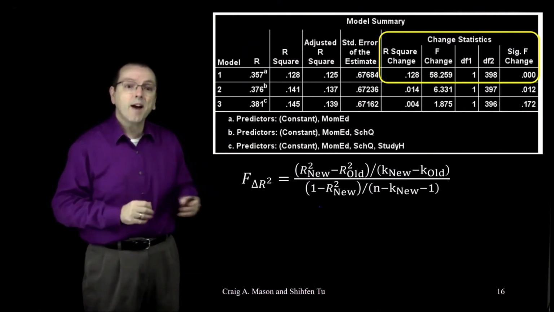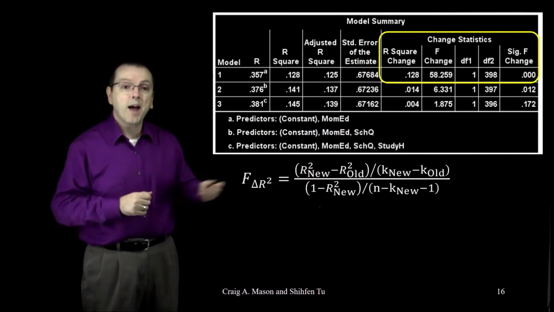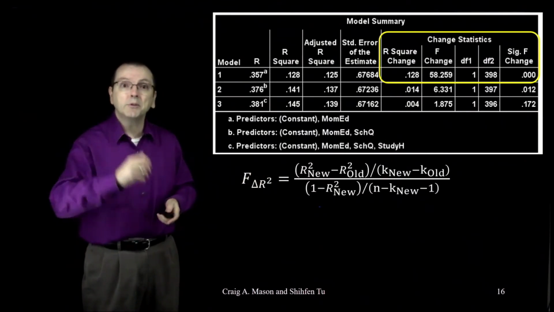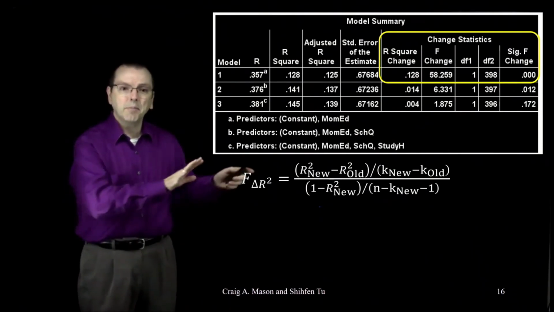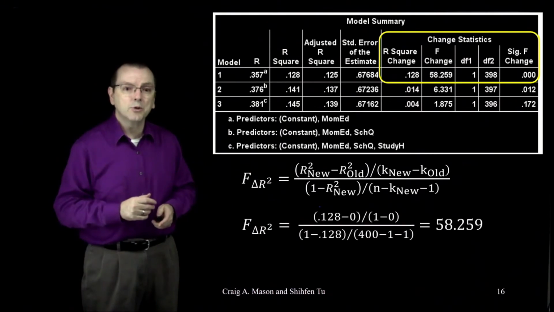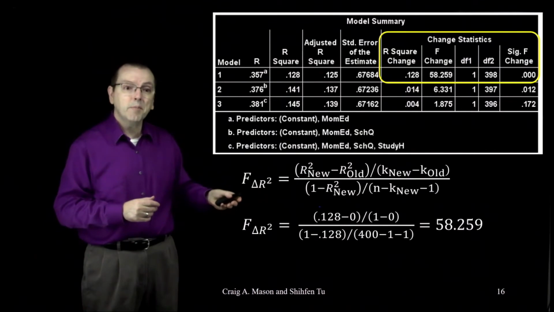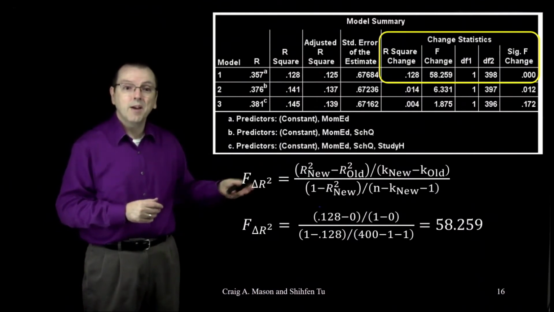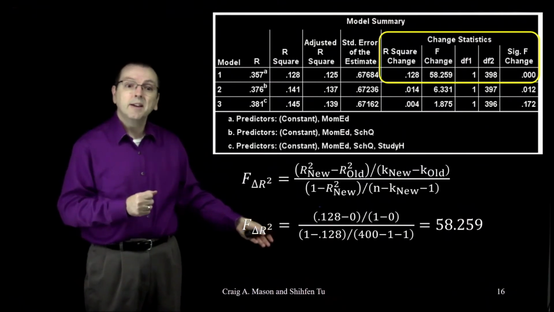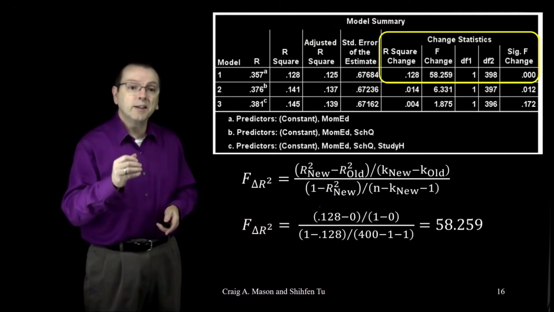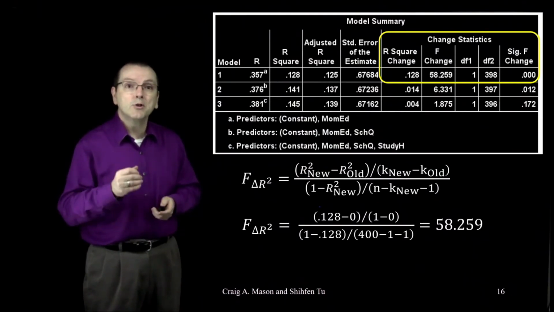All of that divided by 1 minus the R squared for our current model, divided by n minus the number of variables in our current model minus 1. If we plug in the numbers, this works out to 0.128 minus 0 divided by 1 minus 0, all of that over 1 minus 0.128 divided by 400 minus 1 minus 1, which is 58.259.